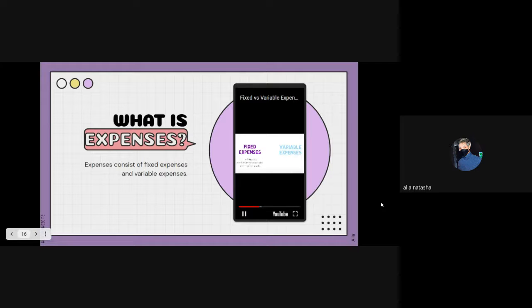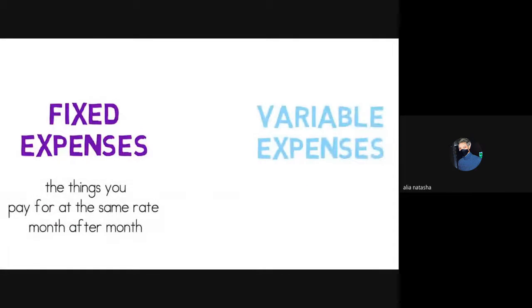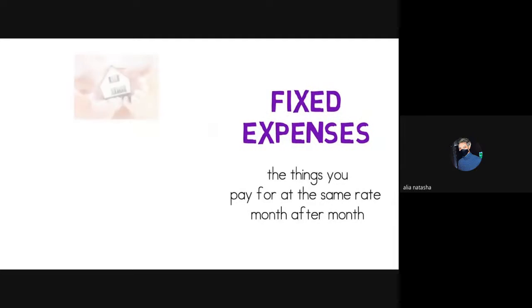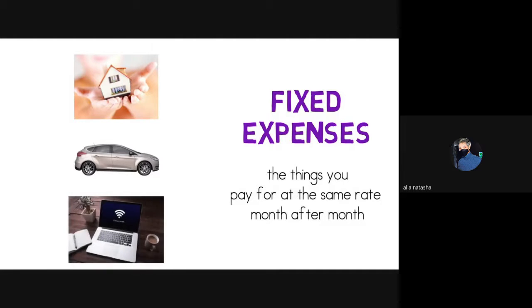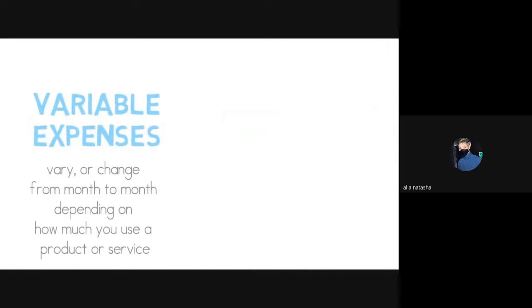Fixed expenses are the things you pay for at the same rate month after month. Some examples are paying the same amount for rent or mortgage each month, making the same car payment each month, and even paying the same price for your internet service month after month. Now, variable expenses are just like they sound.